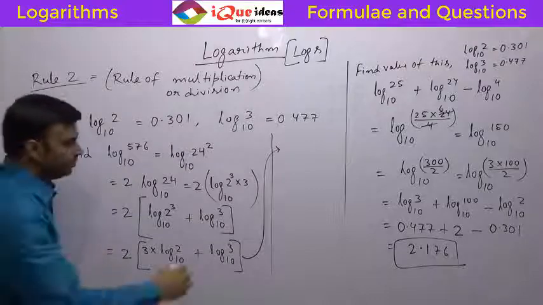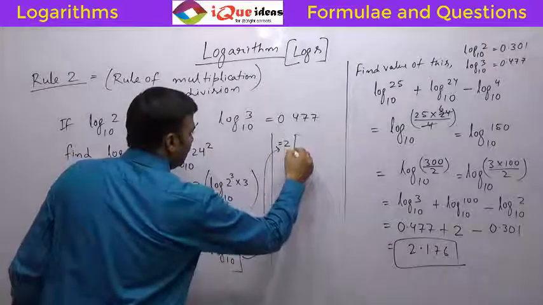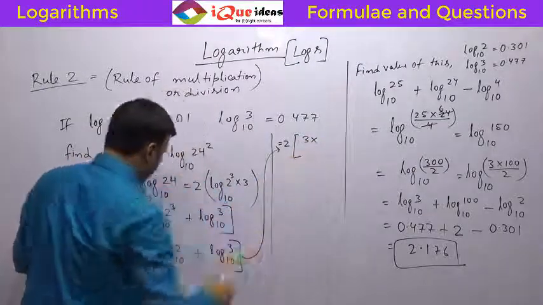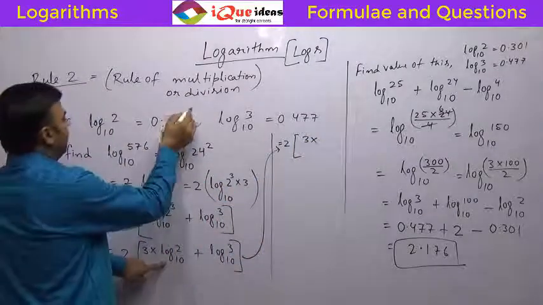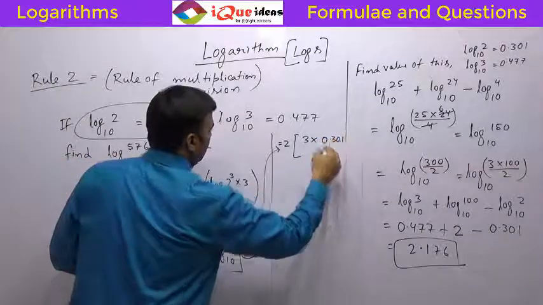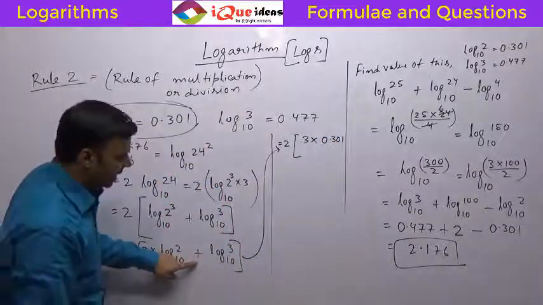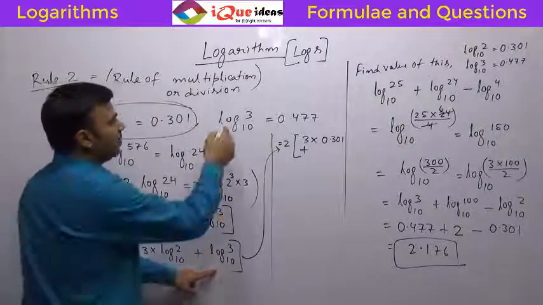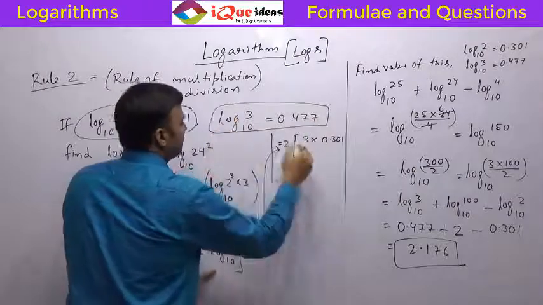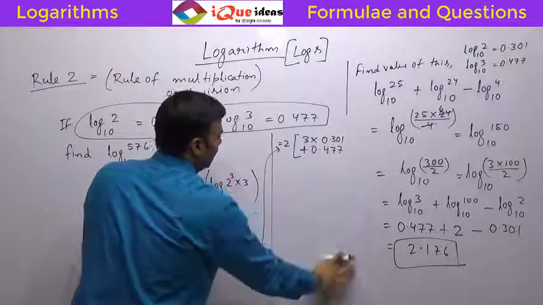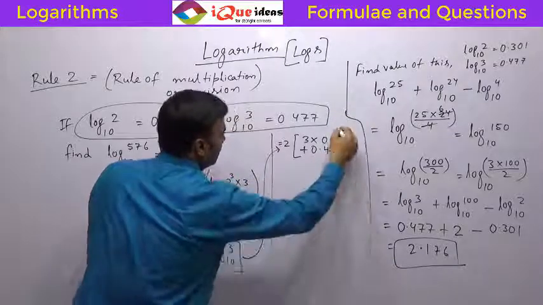So it is 2 into this 3 that is already there into log 2 to the base 10, which is given here as 0.301, and then plus, log 3 to the base 10, which is given here as 0.477. So you have to add them carefully. Right?